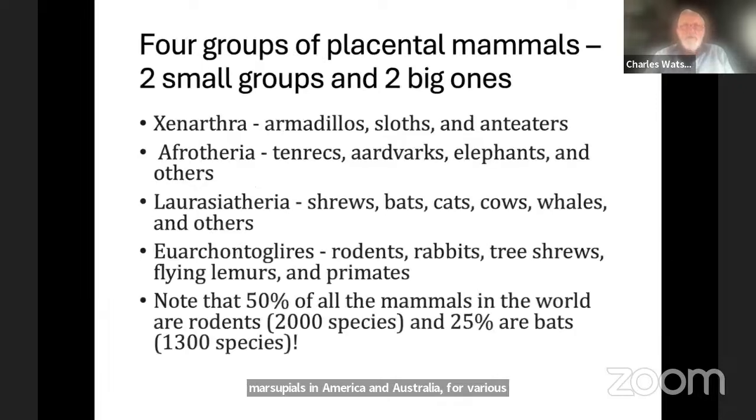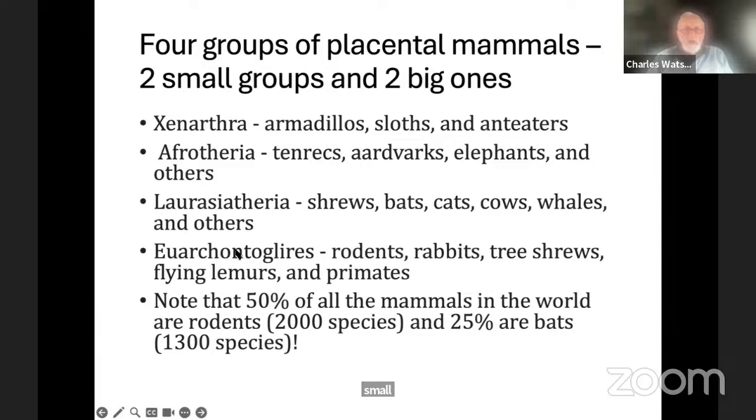And when you look at placental mammals, they're broken up into four main groups. Of these groups, two are relatively small, the Xenarthra and the Afrotheria. And there are two big ones, the Laurasiatheria and the Euarchontoglires, that are at the end. Let's look at the top two first.